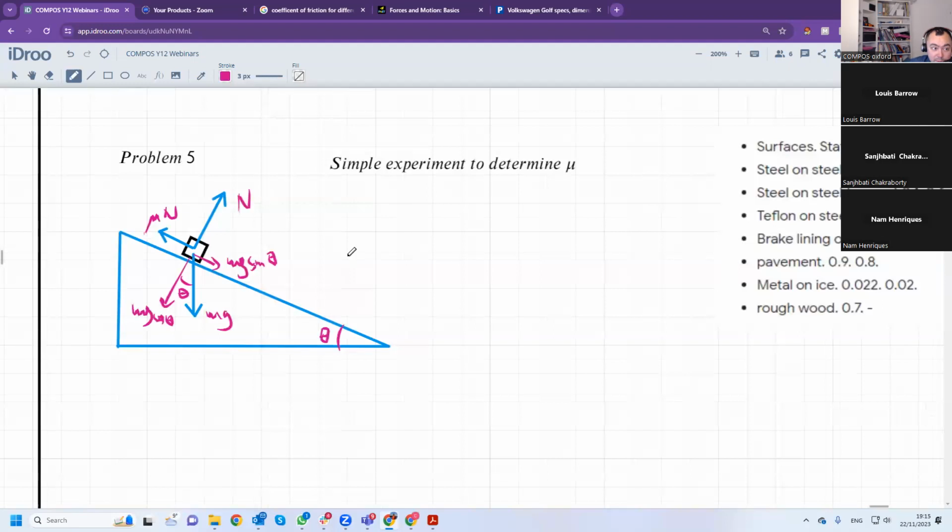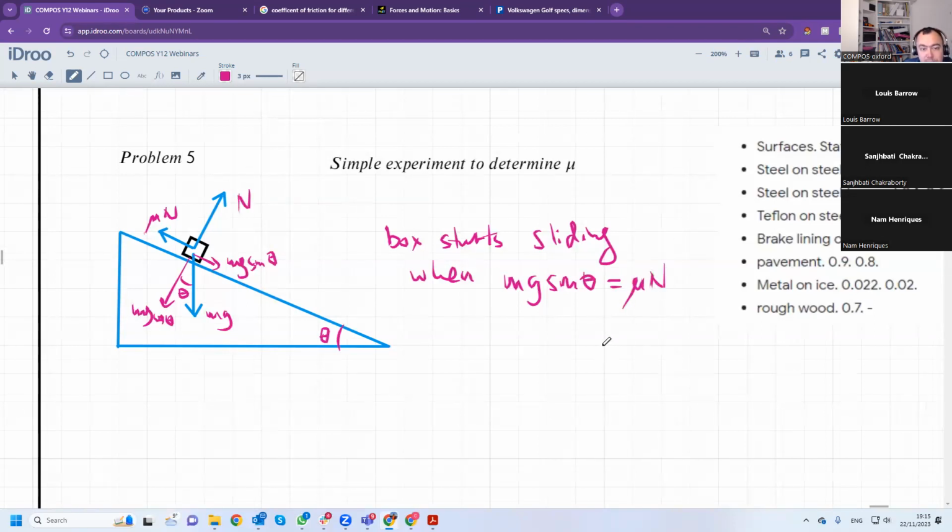Now the box will start sliding when mg sine theta is equal to mu n.